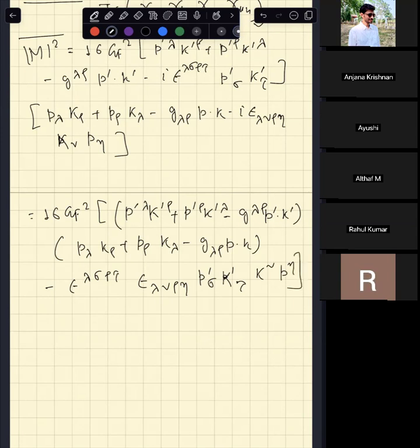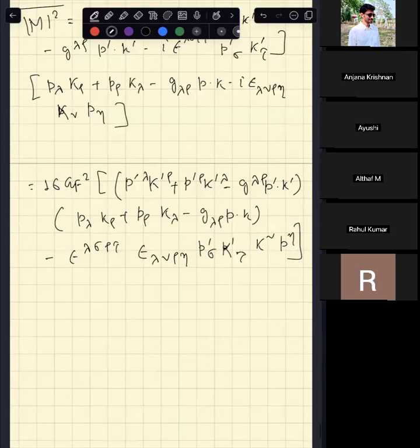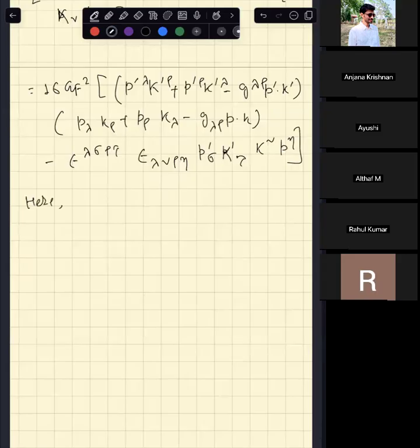Okay, and the other cross terms, where the epsilons are antisymmetric inside the trace, because of the antisymmetric property will be 0, so they will not contribute. Okay, so the symmetric part and the antisymmetric part are contributing, and here we have these relations also: epsilon lambda sigma rho tau times epsilon lambda nu rho eta equal to minus 2 of g sigma nu g tau eta minus g tau nu g sigma eta.